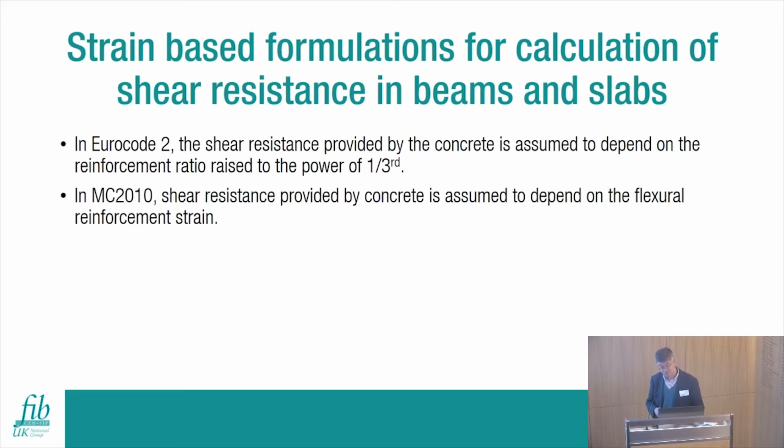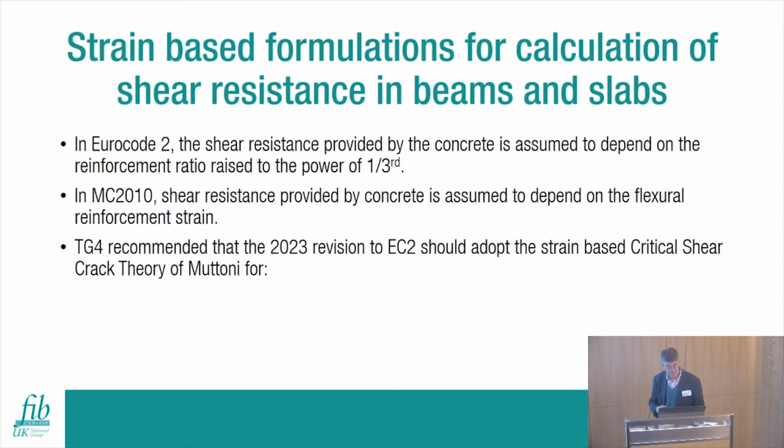In Model Code 2010, the shear resistance provided by concrete is assumed to depend upon the strain in the flexural reinforcement. And in TG4, we recommended that the 2023 revision to Eurocode 2 should adopt the strain-based critical shear crack theory of Muttoni for shear in beams without shear reinforcement and also for punching shear.